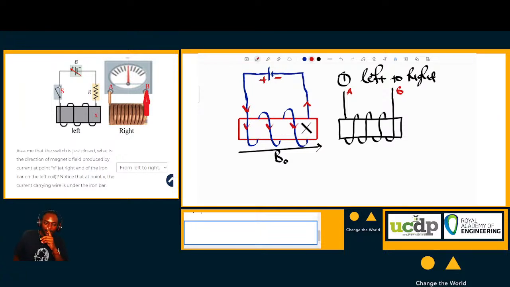So ask yourself, what is it that causes an induced magnetic field? So remember that whenever we have a change in magnetic field, we induce a current.